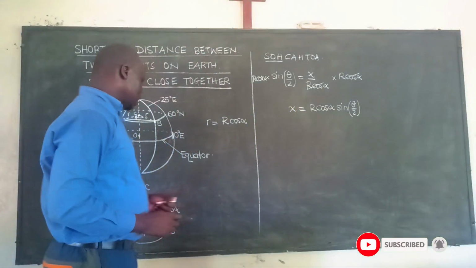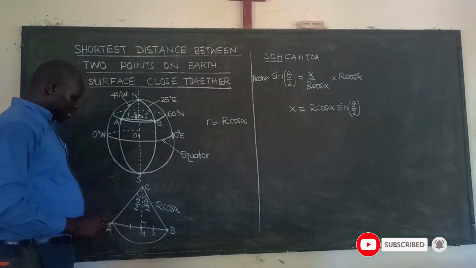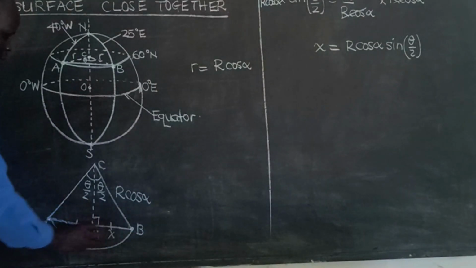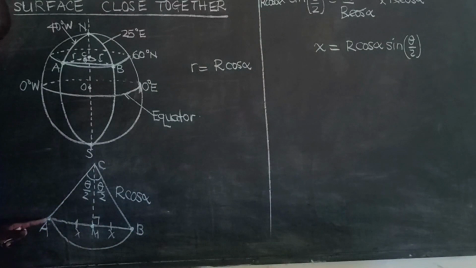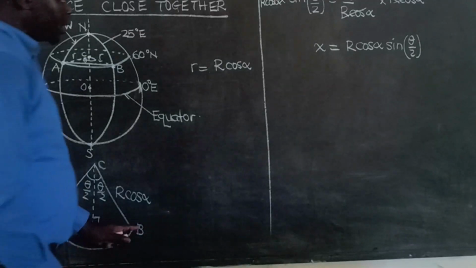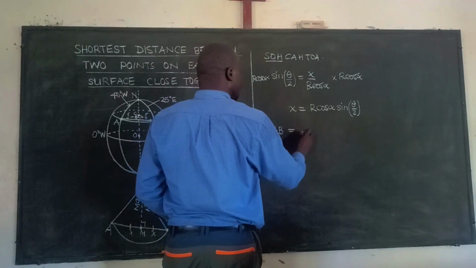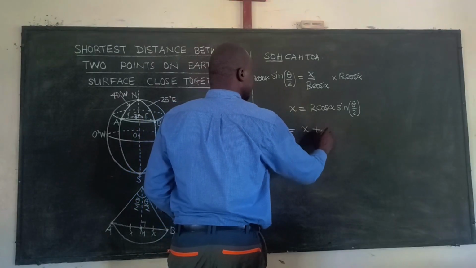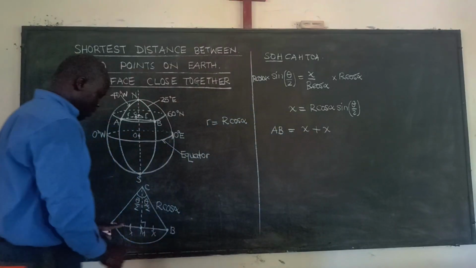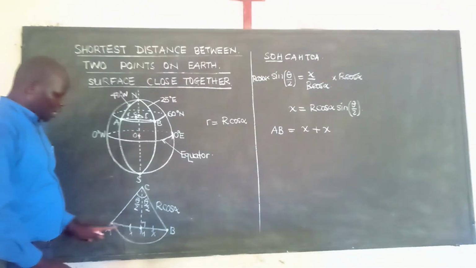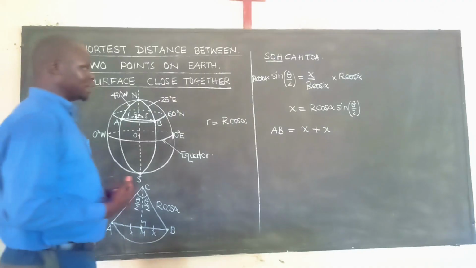So from here, remember the shortest distance is from A up to B. If these lines are the same, meaning for us to move from A to B, we need to move x plus another x here. This x plus the other x doubles AB as that distance.